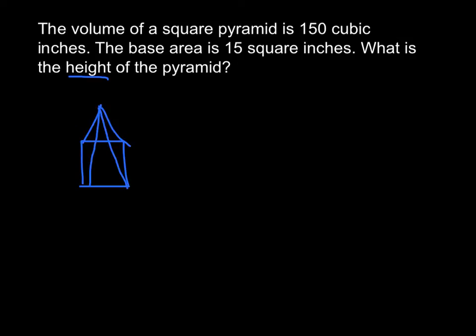So we know that the volume is 150 inches cubed, or cubic inches. The base area, so big B, is 15 square inches. And this time we're looking for the height. So we're looking for this distance right here.